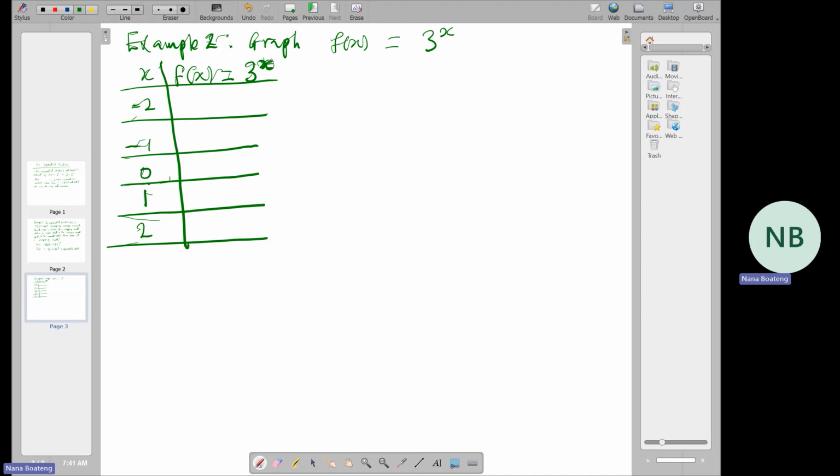Okay, so f of -2 is equal to 3 power -2, which is the same as 1 divided by 9.